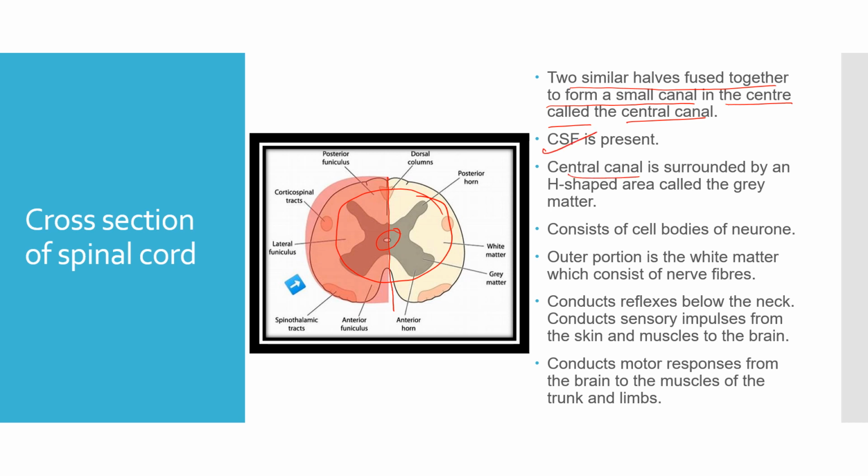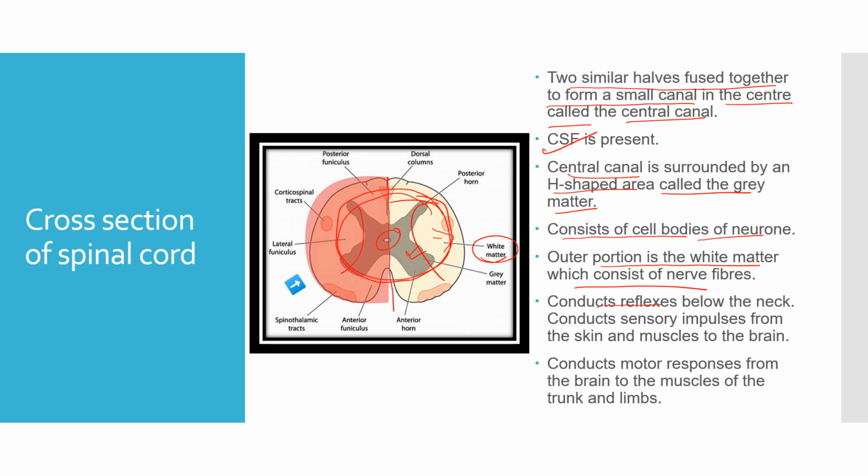The central canal is surrounded by an H-shaped area called the grey matter, which consists of only the cell bodies of neurons. Whereas the outer portion is the white matter, which consists of only the nerve fibers. Is it clear?